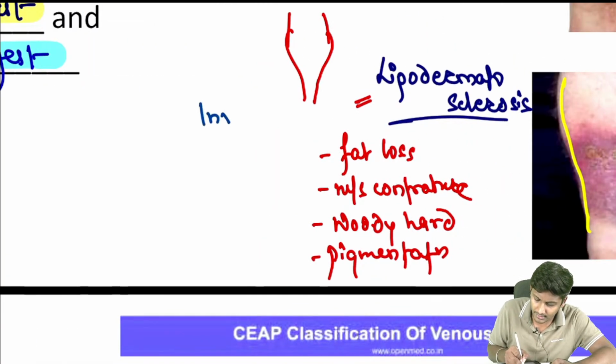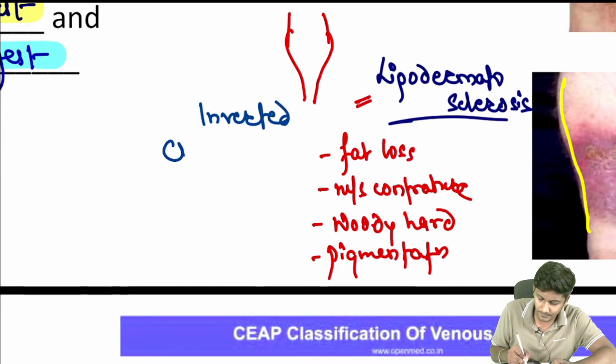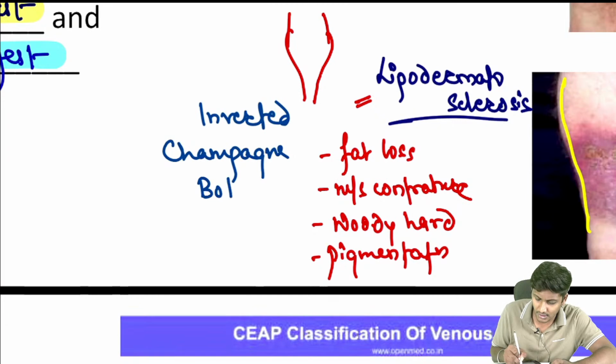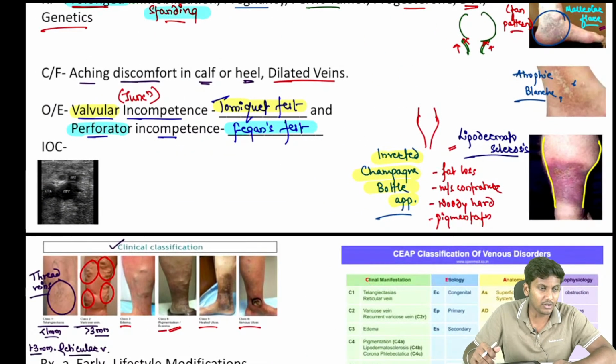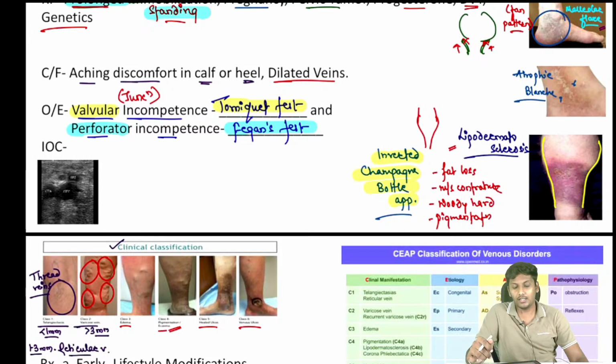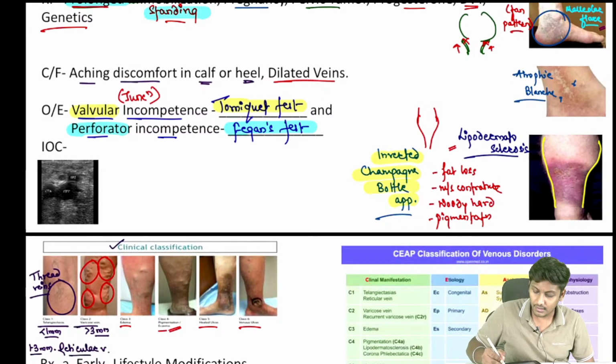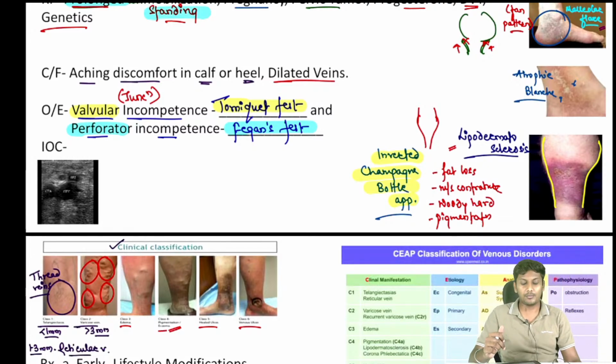Inverted champagne bottle appearance is classically seen in the patient. So lipodermatosclerosis classically leads to an inverted champagne bottle appearance. That's the important thing you have to remember. This is a classical picture of lipodermatosclerosis.